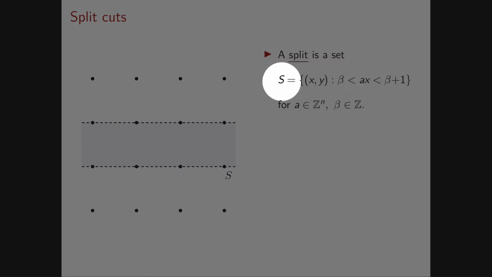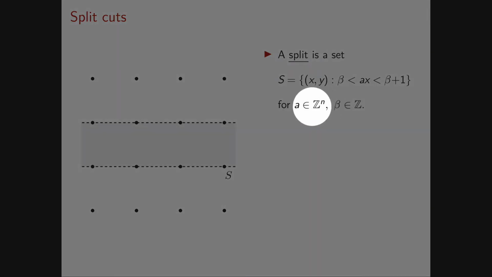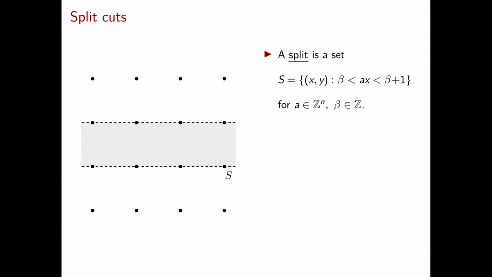So essentially this S is not what we normally call a polyhedron, but it's very similar, and we will see that these strict inequalities will be very useful because we will want to describe Rn minus this set, and this is exactly the union of two polyhedra, the one that is defined by Ax less than or equal to beta, and that defined by Ax greater than or equal to beta plus 1. In this definition of S, we need that A is integral and beta is an integer number.